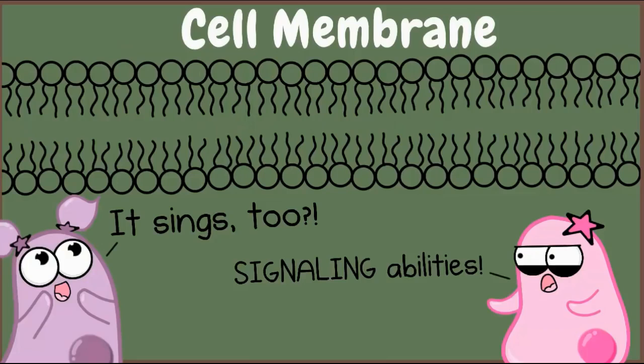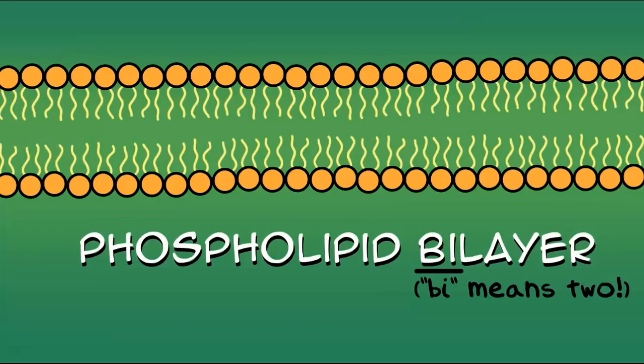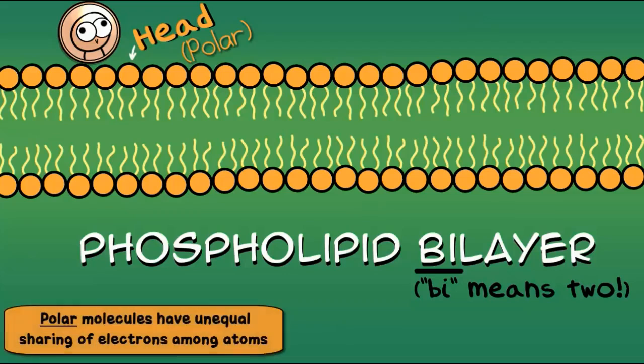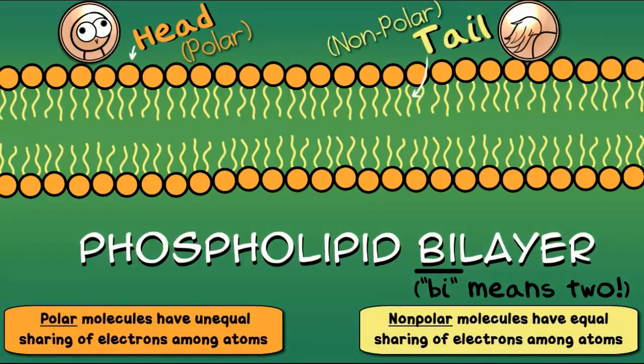But to stick to the very basics, it's made of a phospholipid bilayer. Bilayer means two layers, so you have these two layers of lipids. These lipids are called phospholipids, and they have a head that is polar and a tail that is nonpolar, making them quite unique.